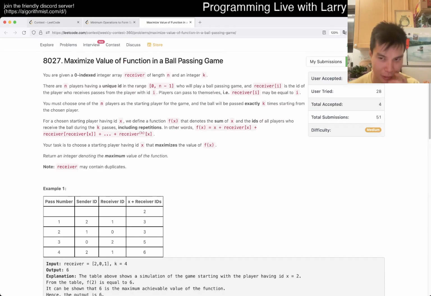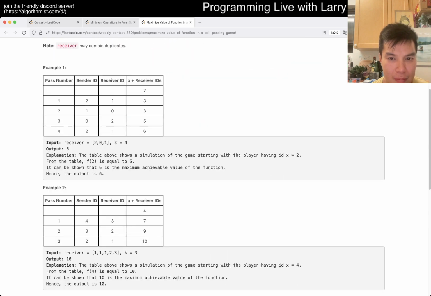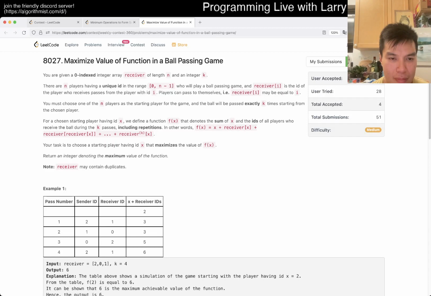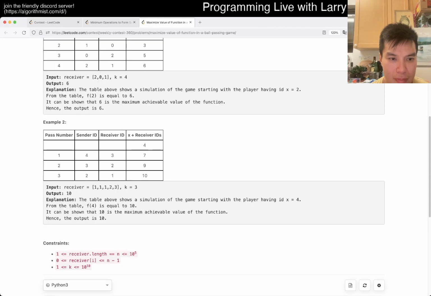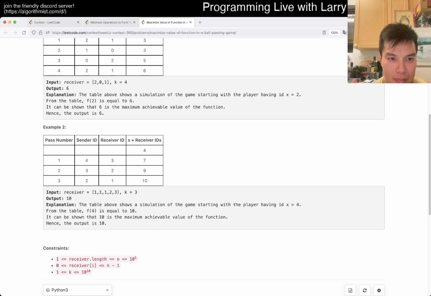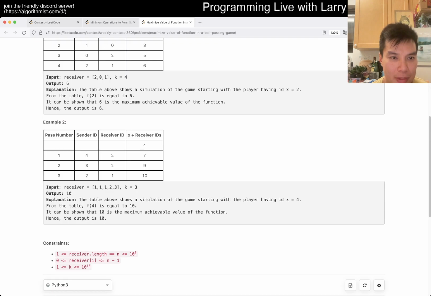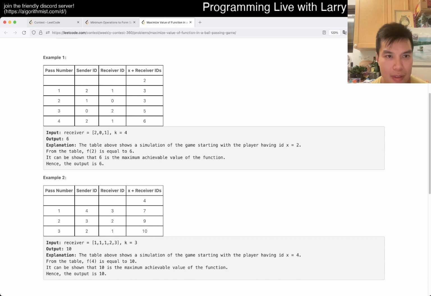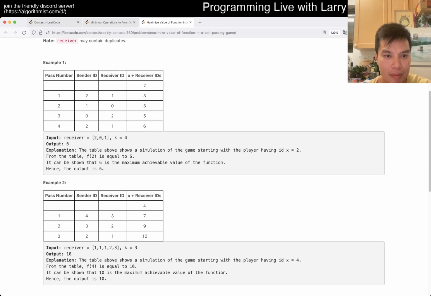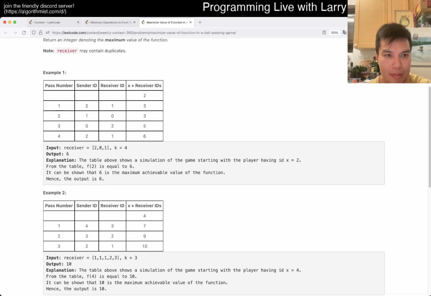Okay. I mean, this seems more doable, but maybe exactly k times. I don't know what this table means. Okay, let's see. Why don't they just say player number on it?